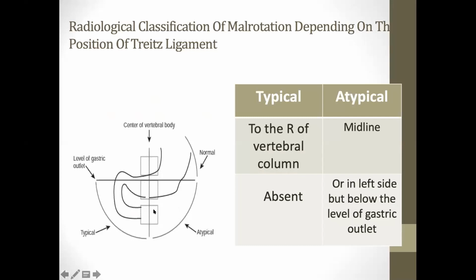But in atypical malrotation, the duodenojejunal junction may be in the midline or in the left lower quadrant. That means it's low, not at the level of the gastric outlet. So I will repeat: typical malrotation, the duodenojejunal junction is to the right side of the vertebral column or absent. Atypical, in the midline or on the left side, but below the level of the gastric outlet.